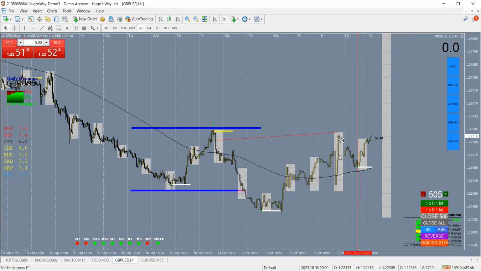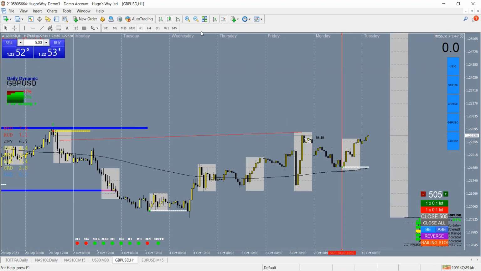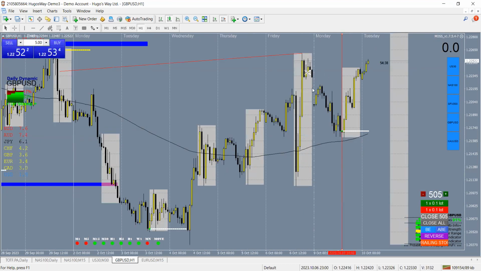Now let's look at what happened over here during Asian session and the opening on Sunday. The market opened on Sunday, we pulled back. The market went this way and that way. So we know that there was an order below here that got closed. And then the market went this way, pushed up.